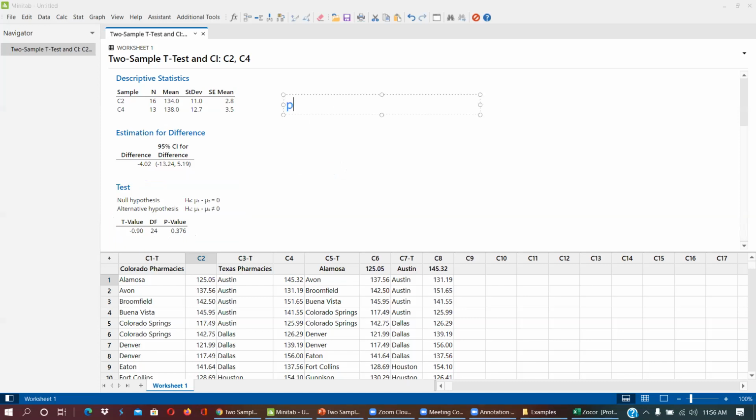The p value is 37.6%. And what is the alpha value? As we know, we took 5%. So the p value is greater than the alpha value. Then what can you say? Very simple: if the p value is greater than alpha, 37.6% is greater than 5%.